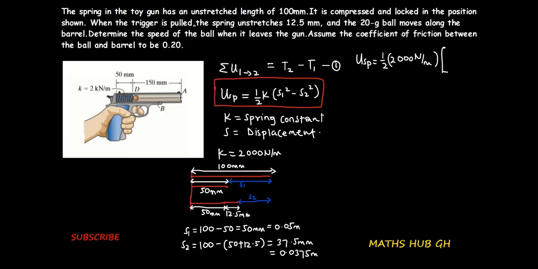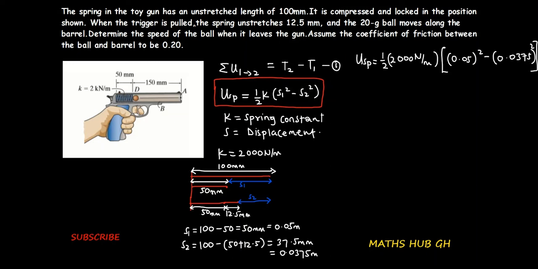So you are going to have S1 squared, which is 0.05 squared, minus 0.0375 squared, and then close the square bracket.